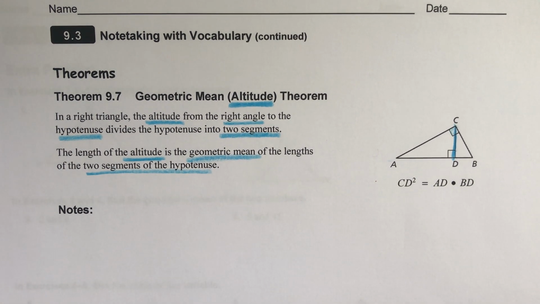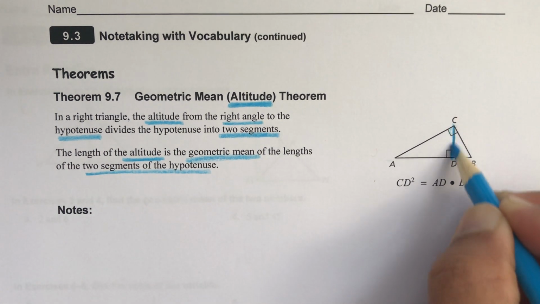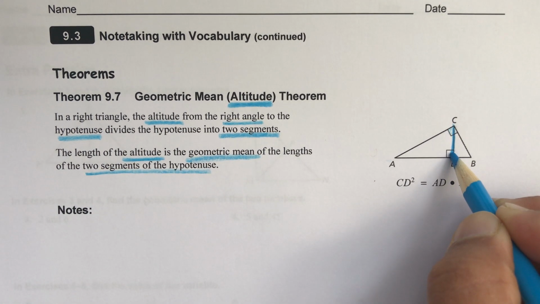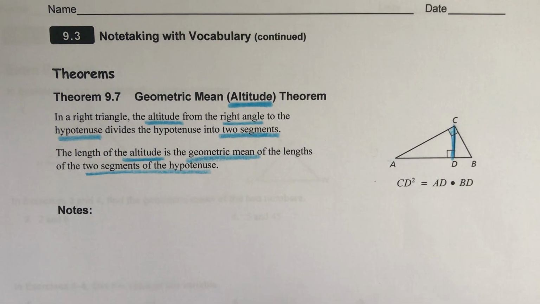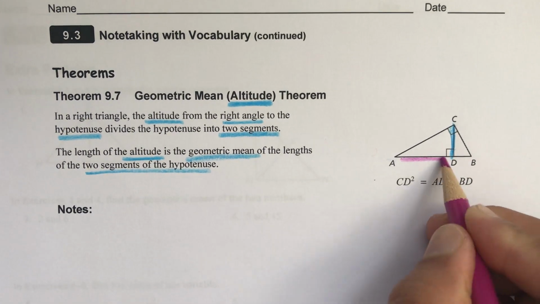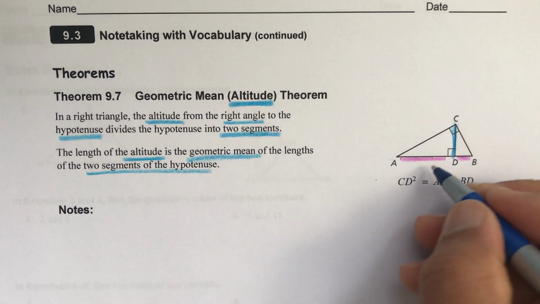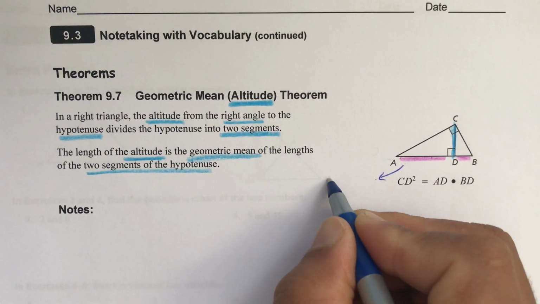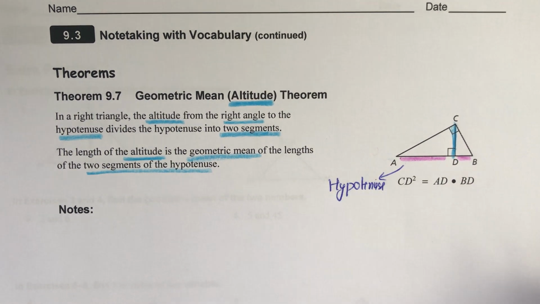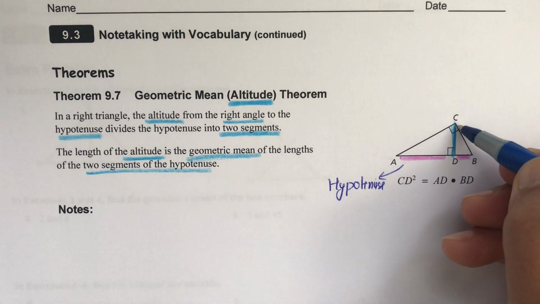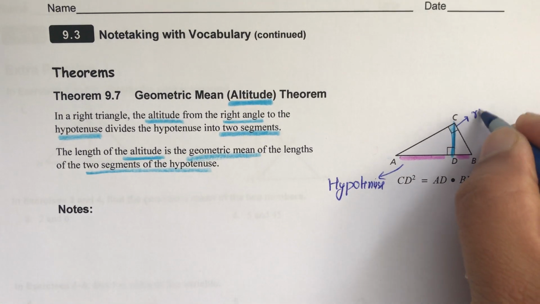Now, what does it mean? Basically, they want you to say that when you drop a perpendicular, you see two segments formed on the hypotenuse. This is the hypotenuse of your original triangle, and you drop a perpendicular from the point where the right angle is formed.